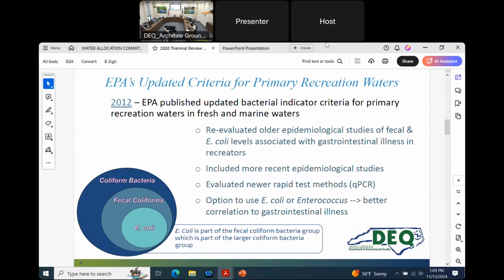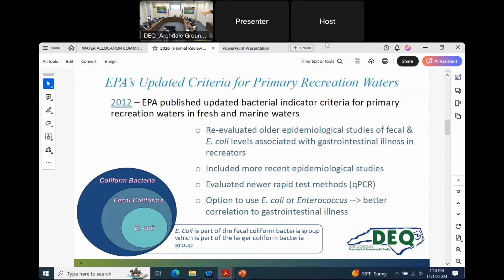Now in 2012, EPA published updated bacterial indicator criteria for both freshwater and marine primary recreation waters. As part of this update, they reevaluated their older epidemiological studies for fecal and E. coli levels that provide the relationships for gastrointestinal illness rates in recreators.